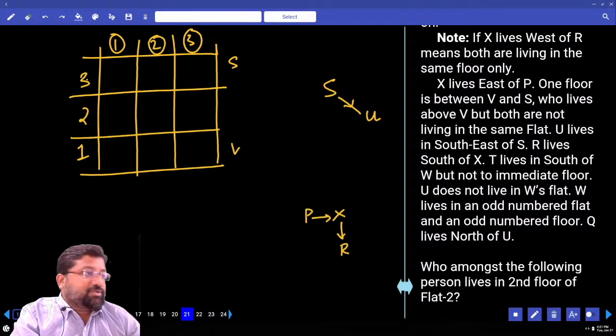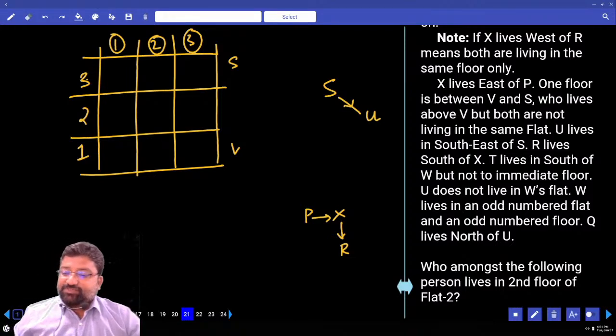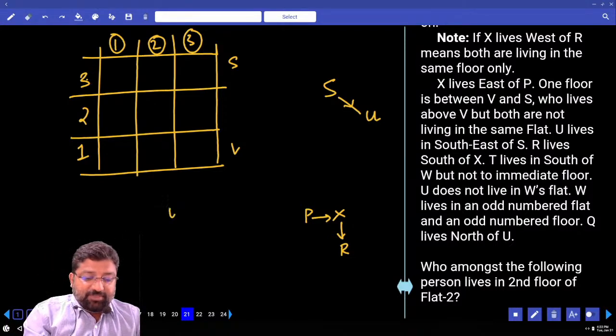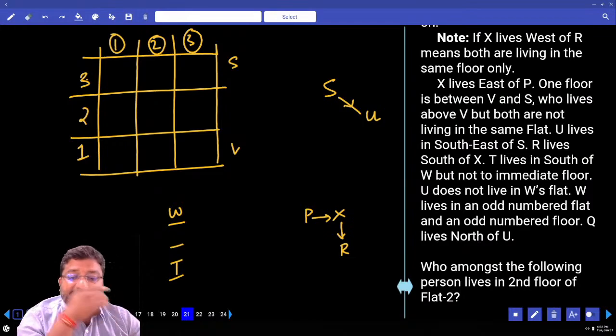R lives to the south of X. Next. T lives to the south of W, but not on the immediate floor. So this has to be T. And what did you understand here?